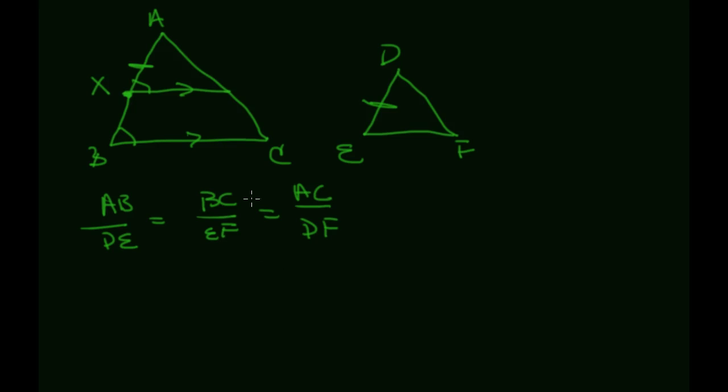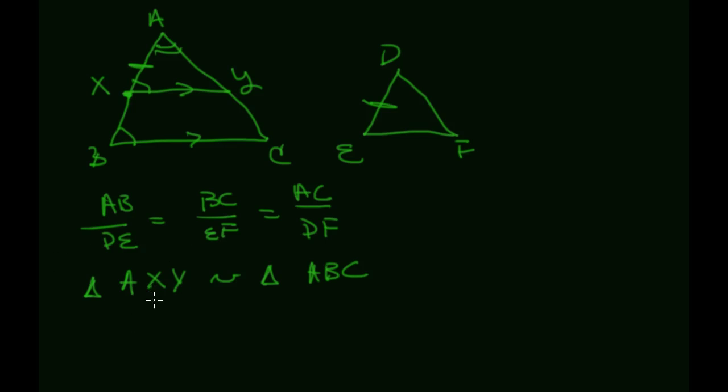Just like last time, I get that triangle AXY, let's call this Y, has to be similar to triangle ABC because those angles are the same. A is in both triangles, so that gives me AA similarity.